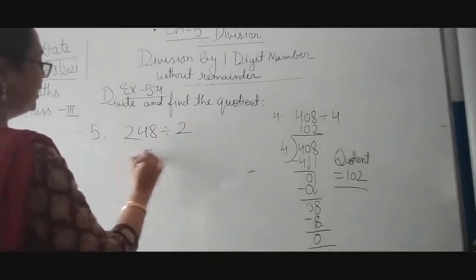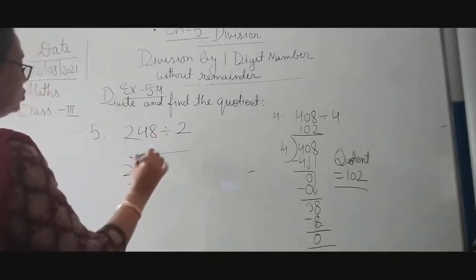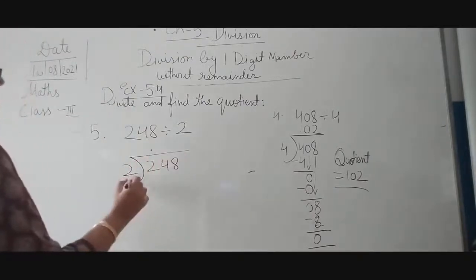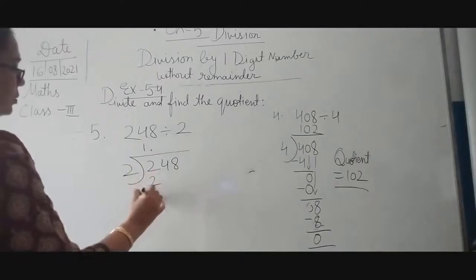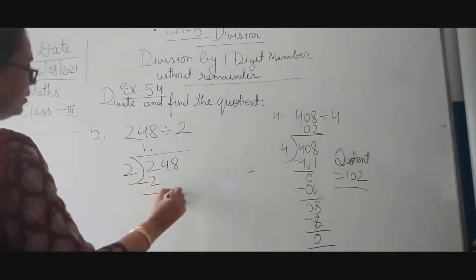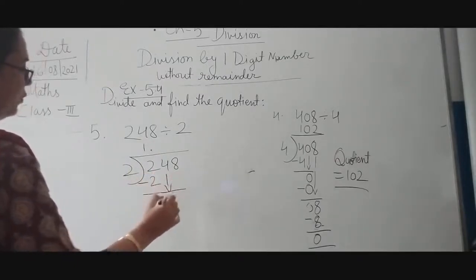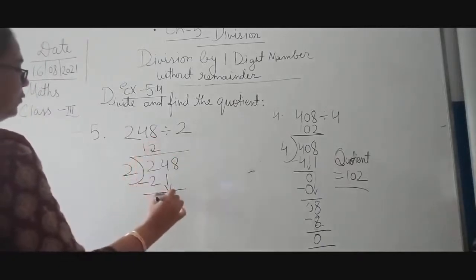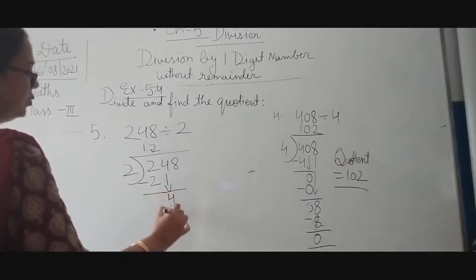Okay, so let's do this. 248. So 2 ones are 2. When we subtract we will get nothing. We will write 4 over here. 2 twos are 4. 2 twos are 4.